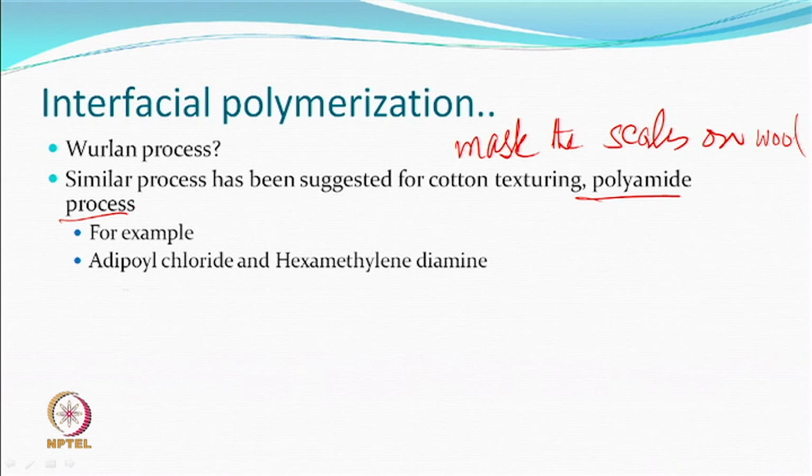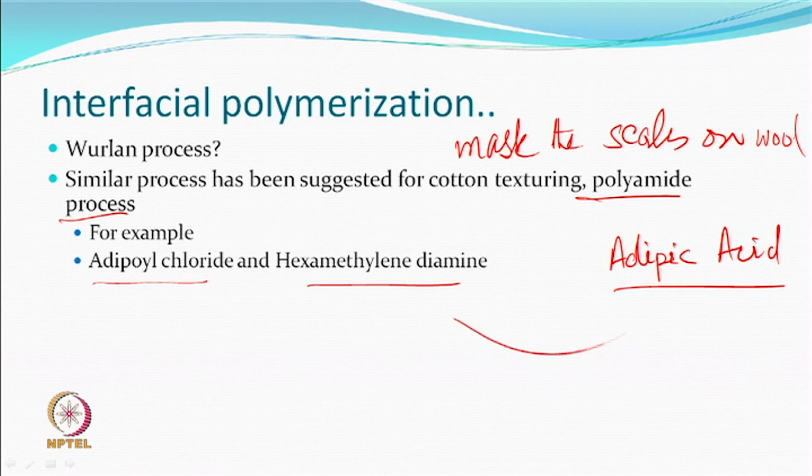So, if you have adipic acid and hexamethylene diamine, if these two things are there, what do they give? They give nylon 6,6.